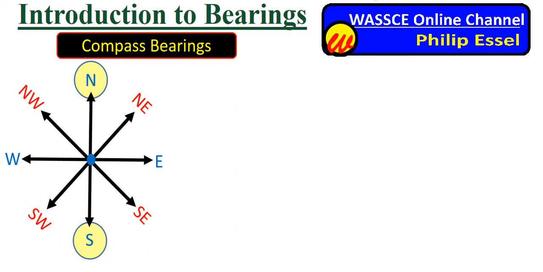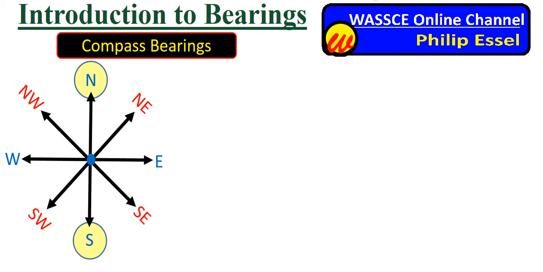Also, when a point falls between the cardinal point north and west, we would refer to that point as northwest. Remember, the north point is the reference point, so it wouldn't be west north, but rather northwest.